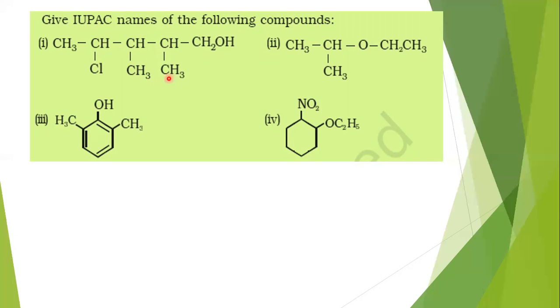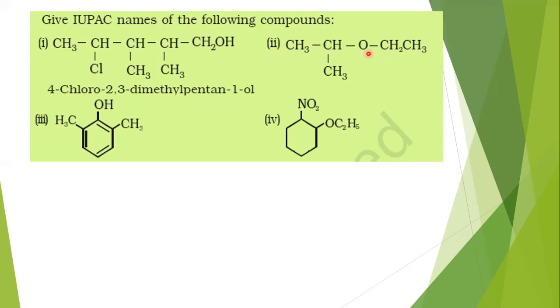So what is the name? 4-chloro, alphabetic order C, 4-chloro-2,3-dimethyl. This is methyl and this is also methyl. Pentan-1-ol. See this second example: oxygen is bonded to different alkyl groups.